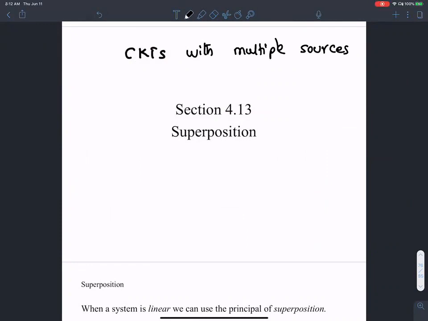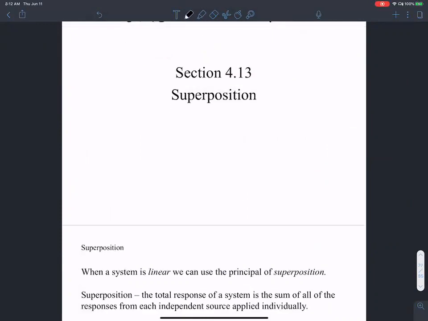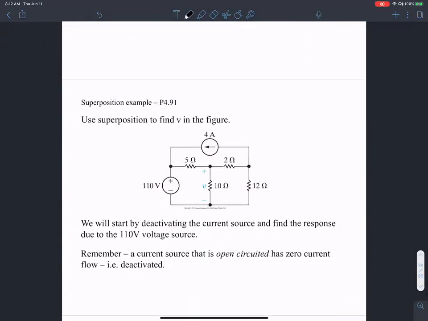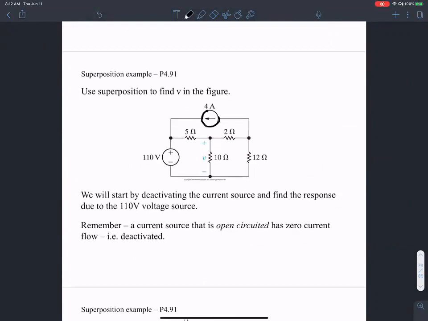We know different techniques for this. We know the node voltage, mesh current methods, and other methods for this. But in the presence of two independent voltage sources, how can I evaluate the behavior of the circuit, or the response of the circuit, separately, independently?